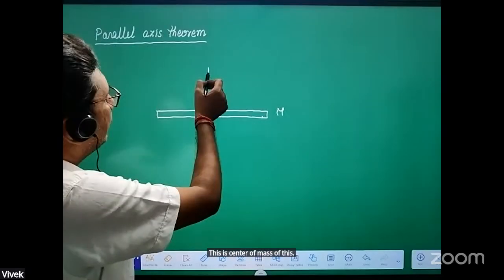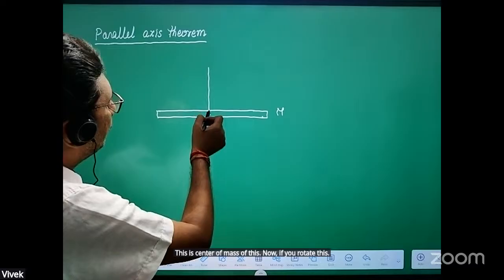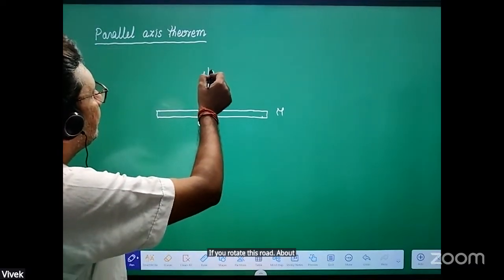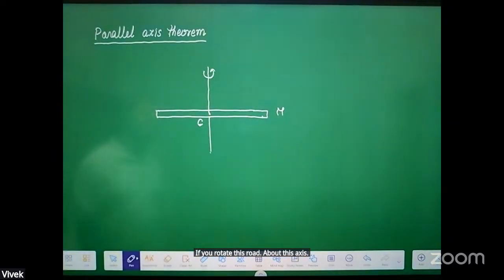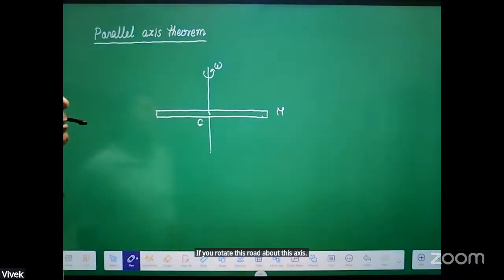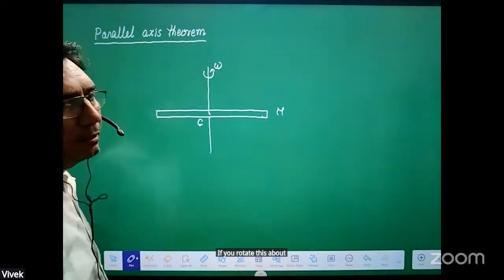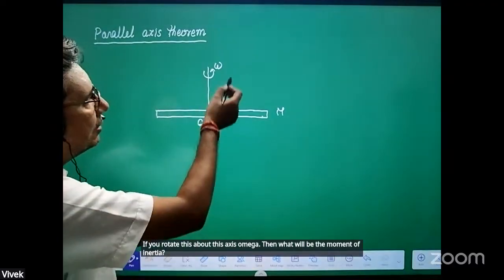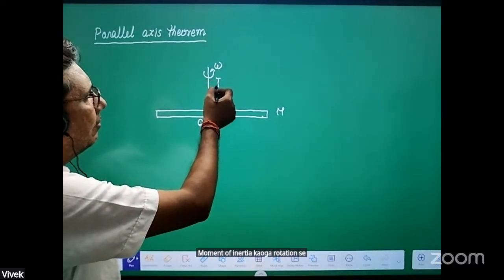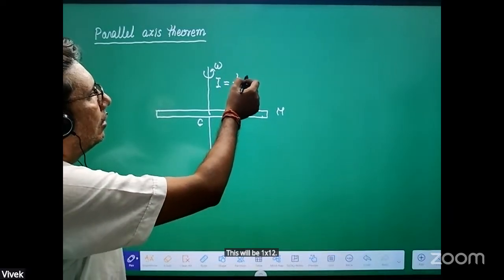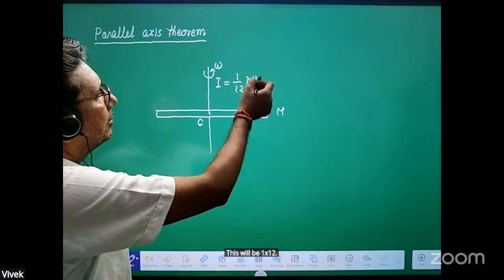Now if you rotate this rod about this axis, omega, what will be the moment of inertia? I will calculate it later on. This will be 1/12 ml square.